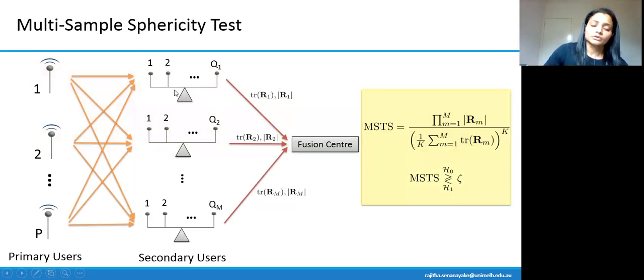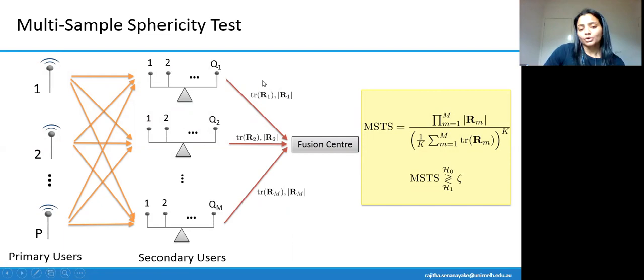So basically, all the secondary user terminals calculate their sample covariance matrices locally and calculate the trace and the determinant. And that is all that we need at the fusion center to calculate this new test statistic, the multi-sample sphericity test.